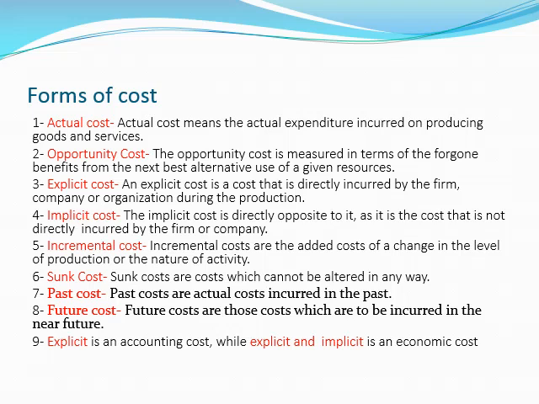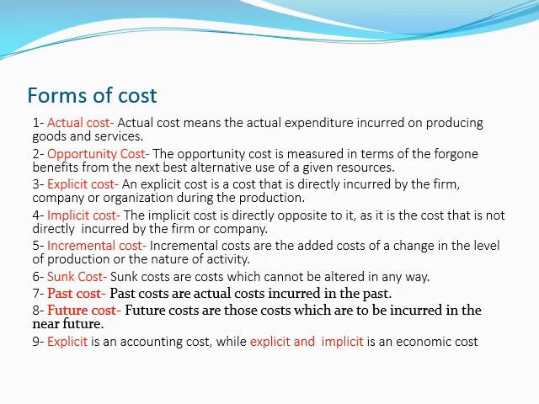Past costs. Past costs are actual costs incurred in the past. Future costs. Future costs are costs which are to be incurred in the near future. Explicit is an accounting cost, while explicit and implicit is an economic cost.